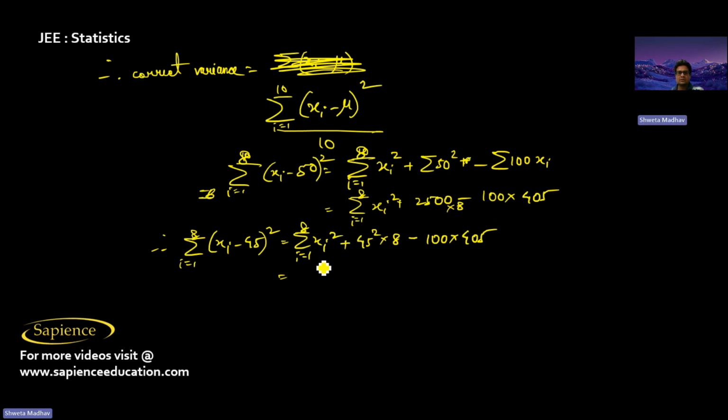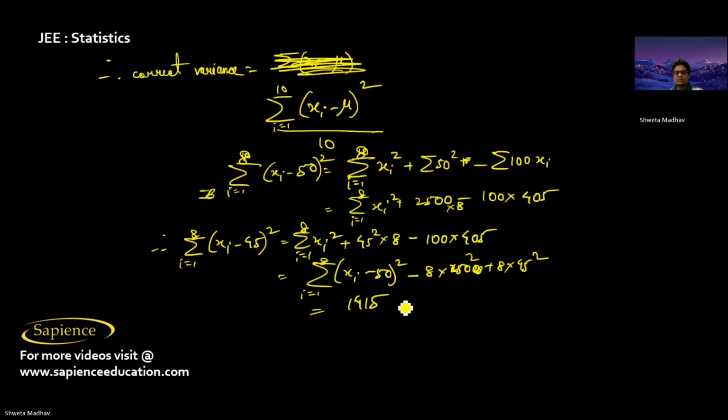So this is summation i goes from 1 to 8 of (xi minus 50) whole square, plus 8 into 45 square minus 8 into 50 square. So this value we know is 1415, and minus 8 into (50 square minus 45 square).